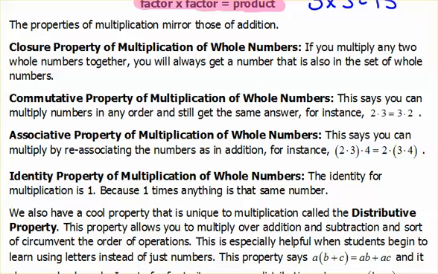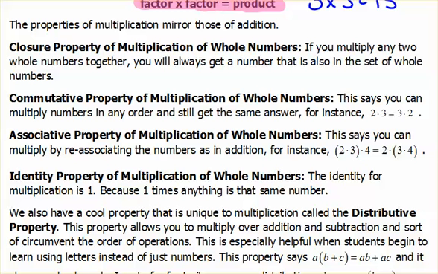Well, the same thing happens with multiplication. If you were to multiply any two numbers in the whole number set, you will also get as a product a number in the whole number set. So we have the closure property.